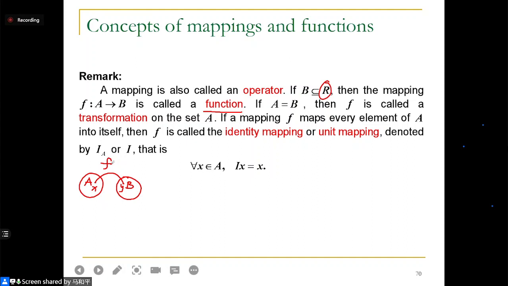For example, this is x, then we have f, this is a mapping f.